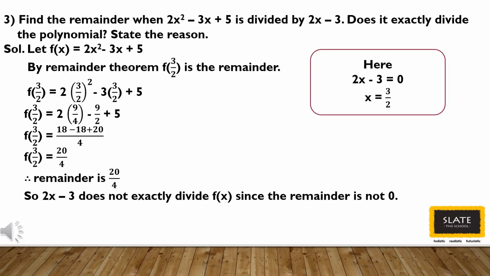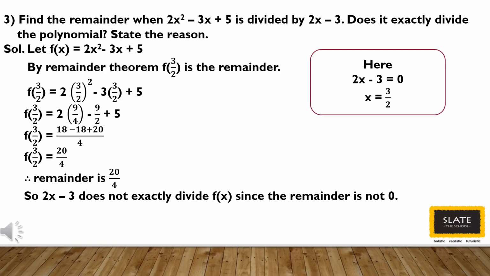Find the remainder when 2x square minus 3x plus 5 is divided by 2x minus 3. Does it exactly divide the polynomial? State the reason. Let us see the solution. Let 2x square minus 3x plus 5 be f of x.